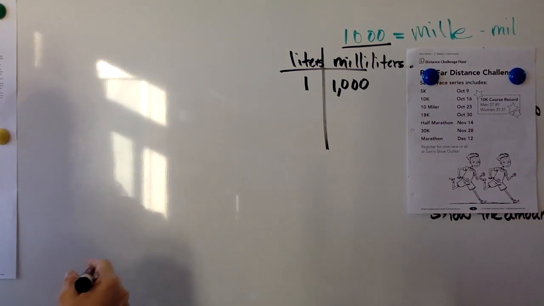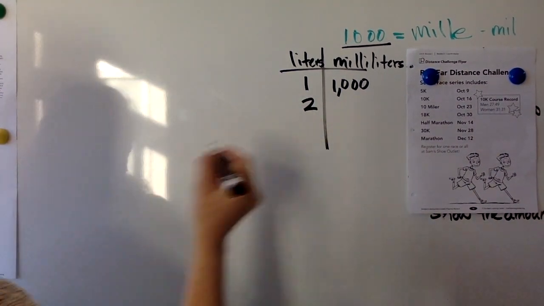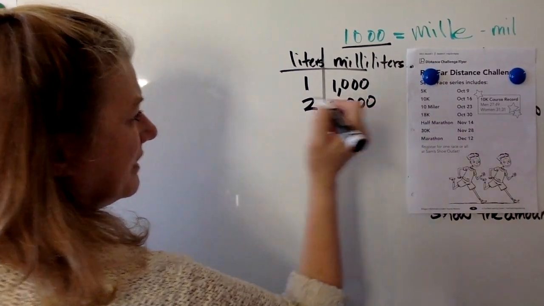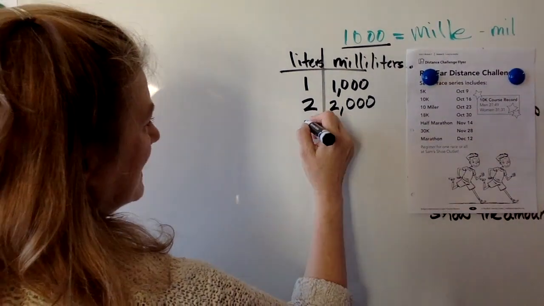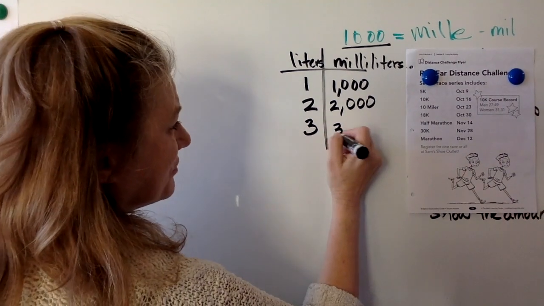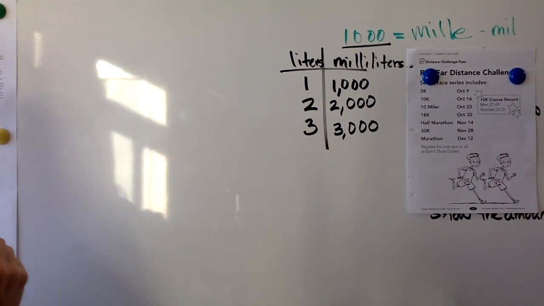Okay? So then if I have 2 liters, I have 2,000 milliliters. 3 liters, 3,000 milliliters.